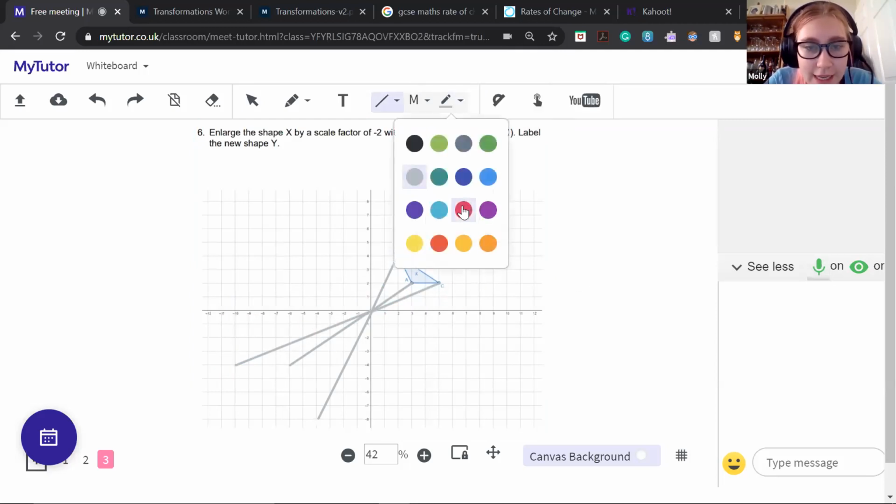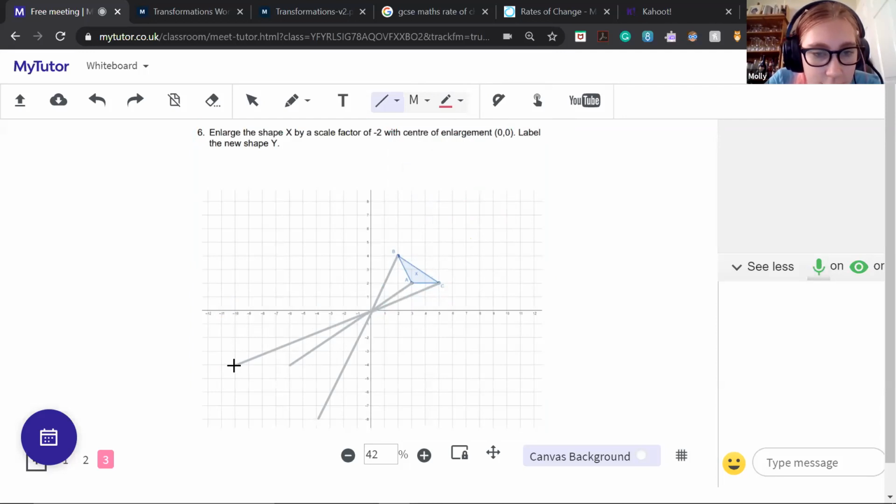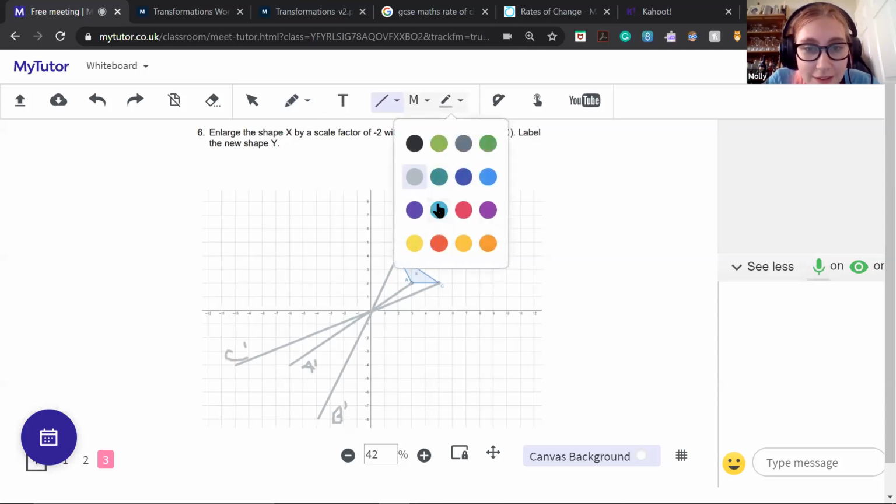And then what we can see, if we join up these lines, oh, I didn't label them. That would have been a bit helpful, wouldn't it? Because often you have to label it, because then it proves that we know which way up it's gone as well. So we know that this one here is A dash. This one here is B dash. And this one here is C dash. Cool.